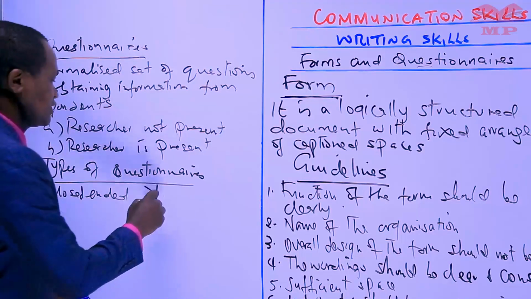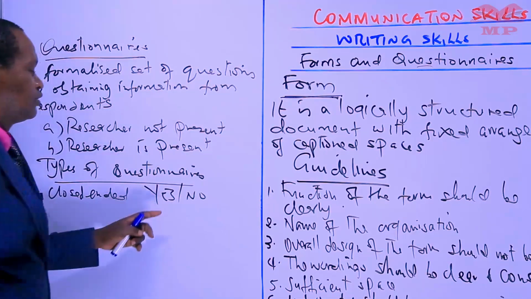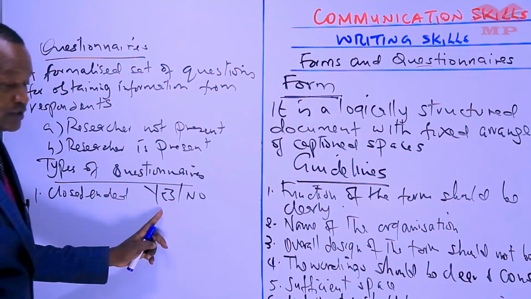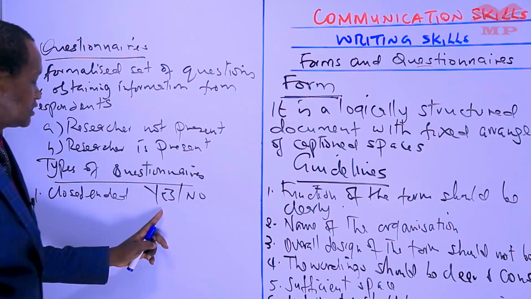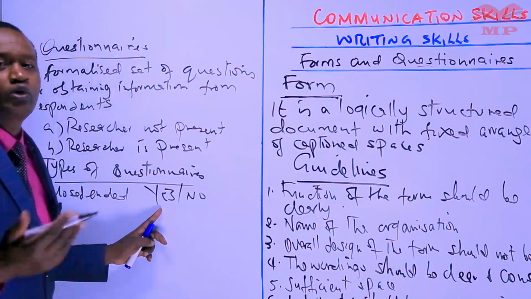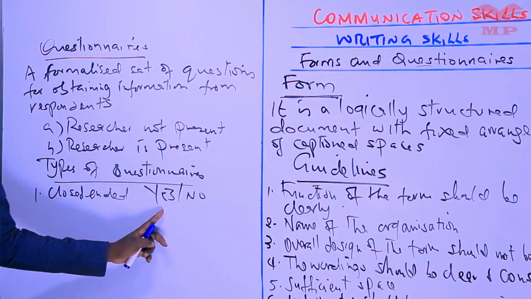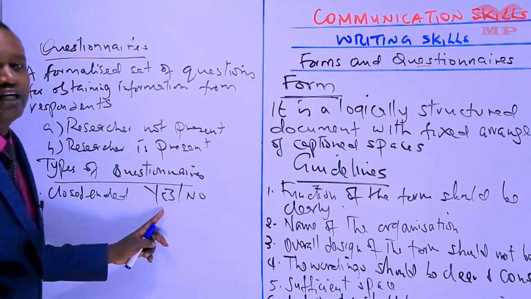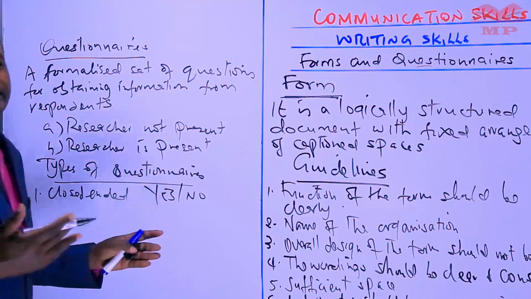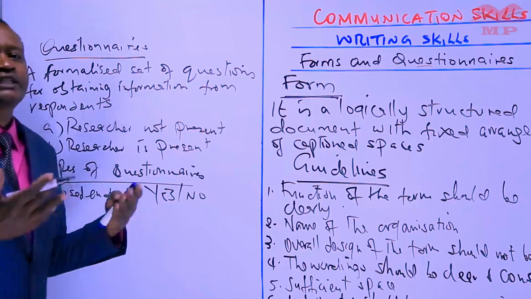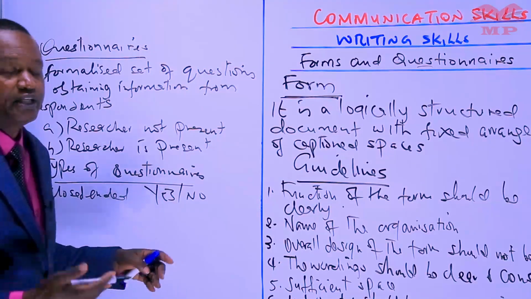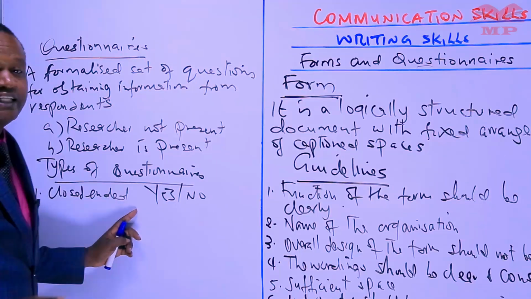You can have yes and no. The researcher provides a list of questions and gives suggested answers, which can be in the form of yes or no. The kind of data produced here is what we sometimes call quantitative data. The researcher is able to obtain quantitative data through closed-ended questions.